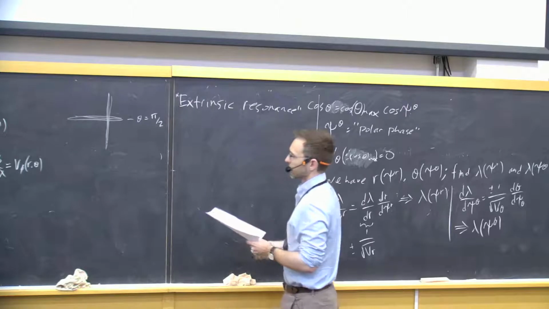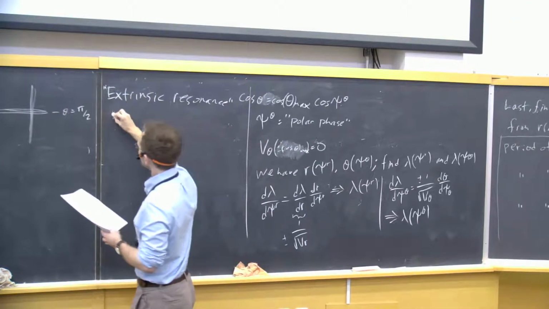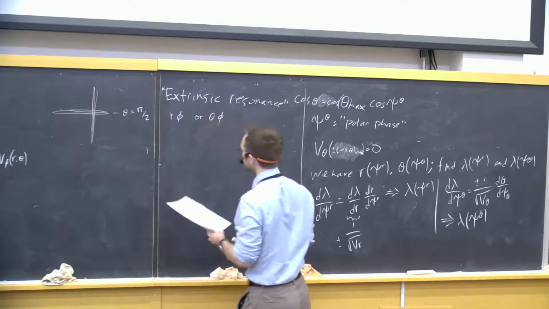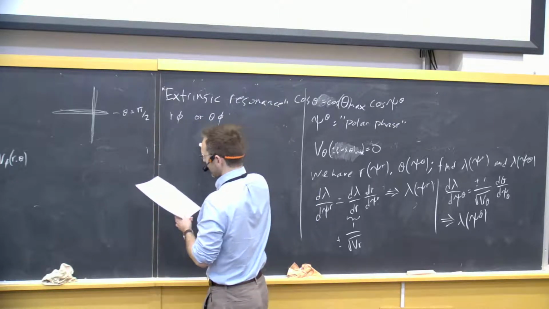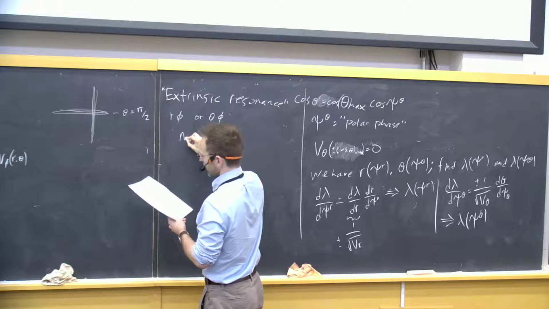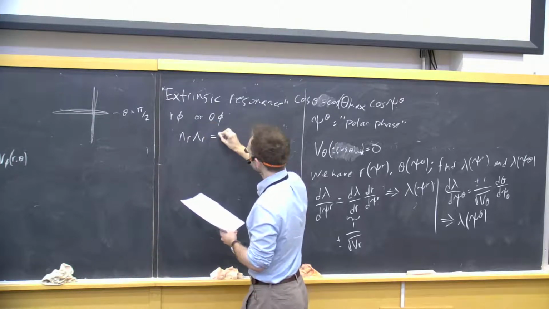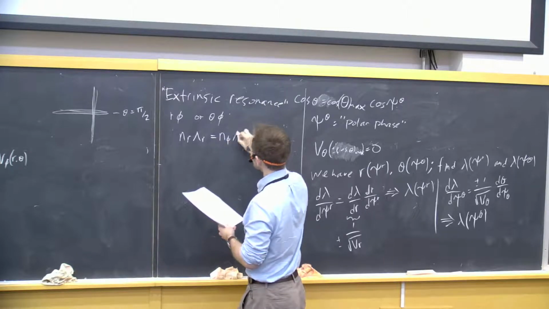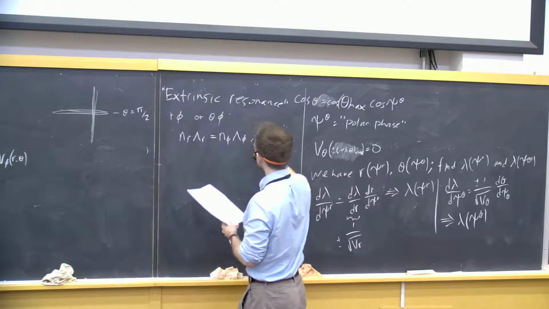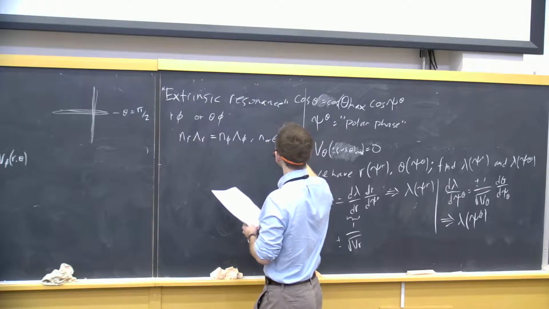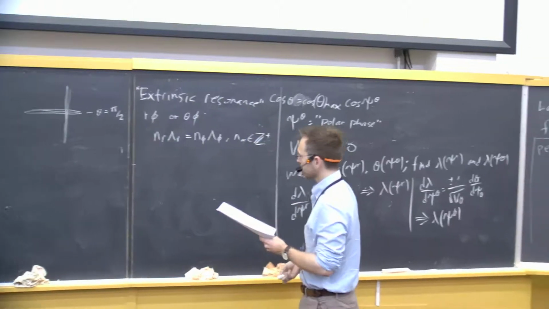So that's phi resonance, is n phi lambda phi, where these n's are positive integers.